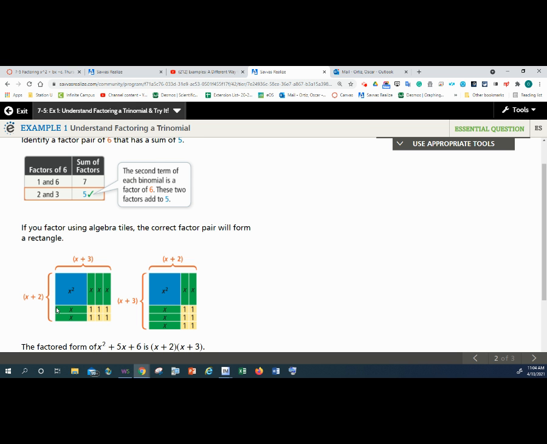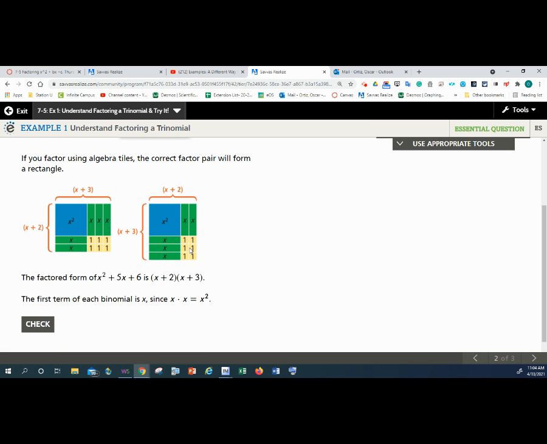Remember that in a tile labeled x, length is x and width is 1. So this will be x plus 1 plus 1, which is x plus 2, and on the other side x plus 1 plus 1 plus 1, because there are 3 ones right there. So we can do it in any order. It won't change my answer, so we can actually factor that way.